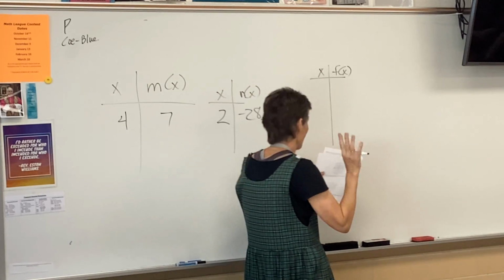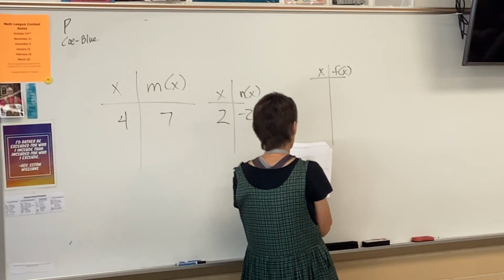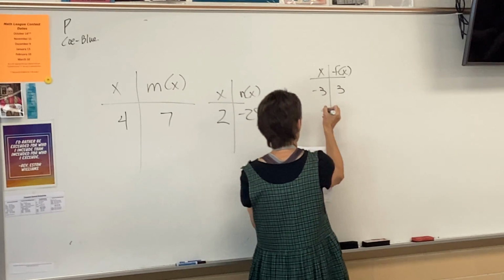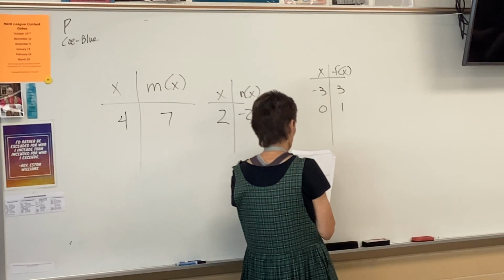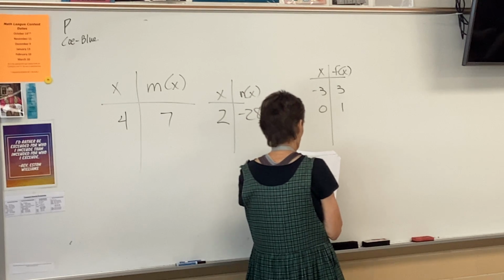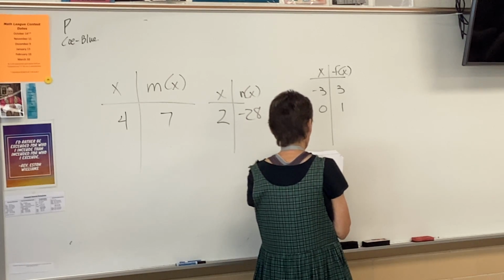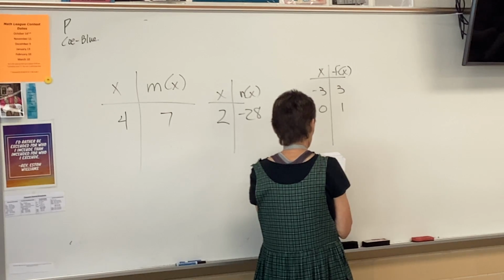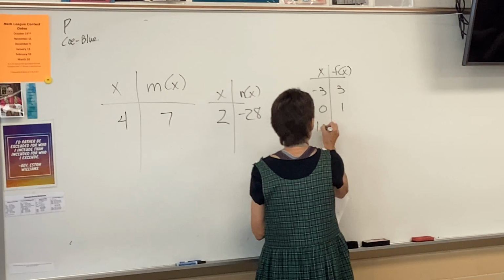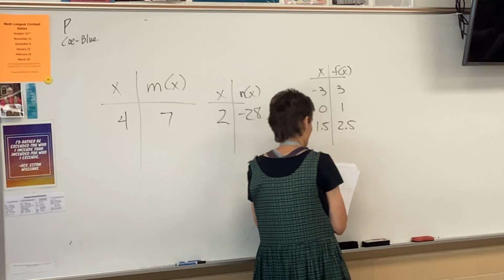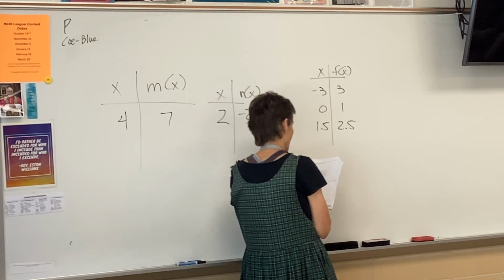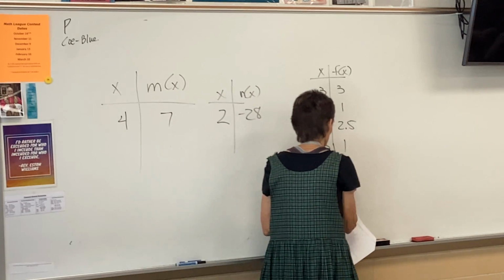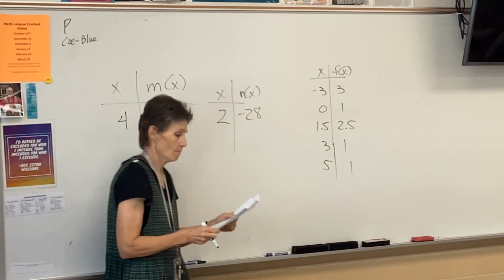The key points, not all the points, but the key ones. Negative 3, 3, and 0, 1. Don't let me make a mistake. Looks like the top of that is about, what, 1.5, 2.5? 3, 1, and 5, 1. Does that look okay for key points for function f?